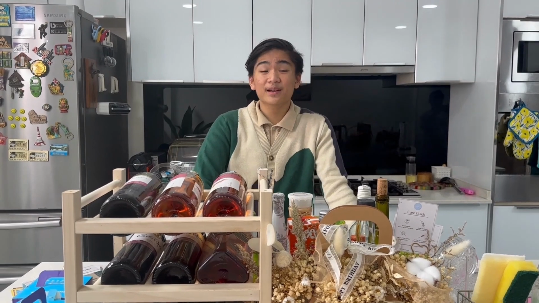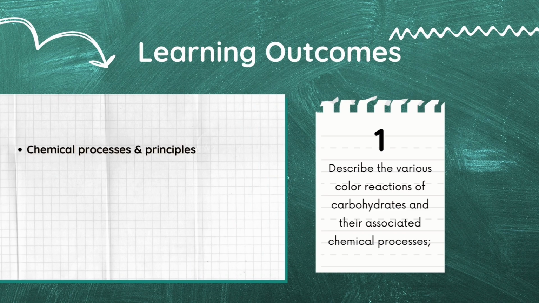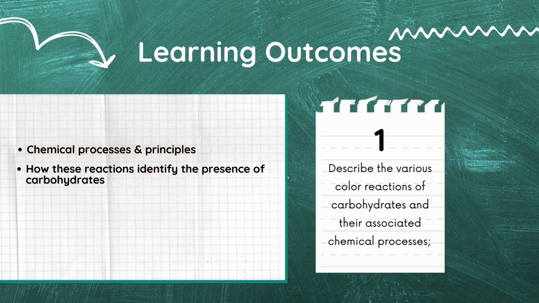But before we end, let's review our learning outcomes. In our session, we discussed several color reactions, such as the Molisch test, the Benedict's test, and Barfoed's test. We covered the chemical processes behind these reactions, explaining how they help to identify the presence of different types of carbohydrates. So, yes.